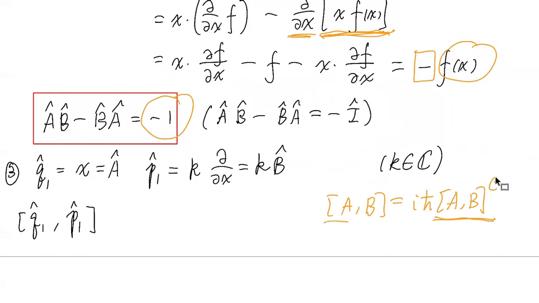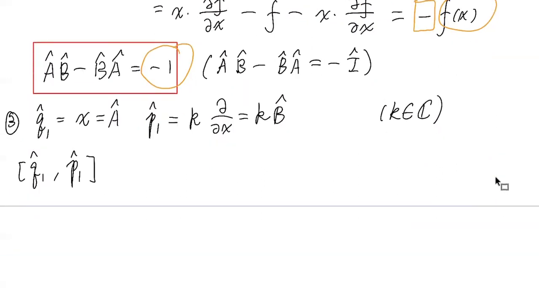Since the quantum bracket is simply a constant times the classical Poisson bracket, all the quantum commutators naturally inherit the algebraic properties of the classical Poisson bracket, right? So all the algebraic properties of the classical Poisson bracket can also be applied to the quantum commutator. All right.